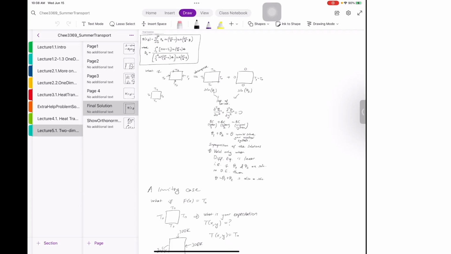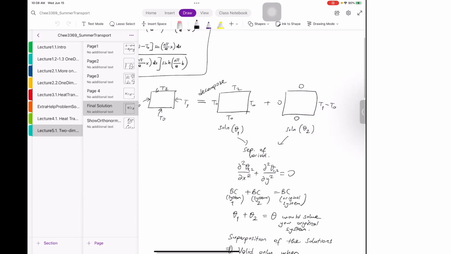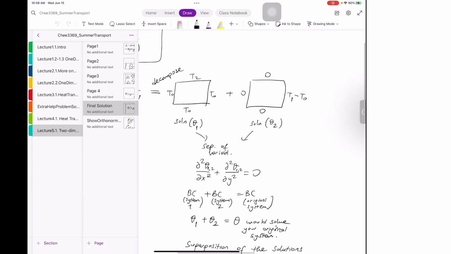We also said that you can solve more complicated problems, instead of having 3 of the edges at the same temperature, with 2 of the edges at the same temperature but the other 2 at different temperatures. We said you can decompose it into 2 solutions in such a way that you have 2 different sets of boundary conditions, but each of them is like the one we solved.